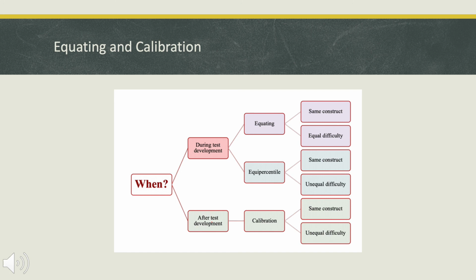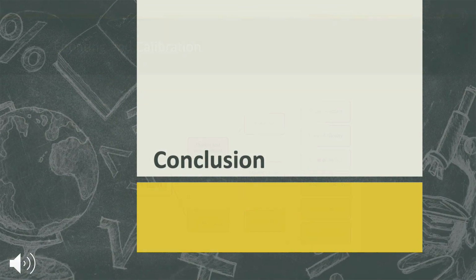And then moderation compares tests that measure different constructs. Equating is used during test development, and calibration happens after test development. Again, they still measure the same construct, but they have unequal difficulty.